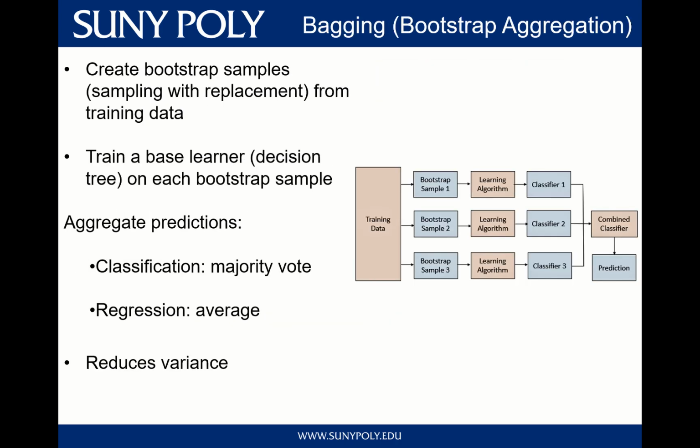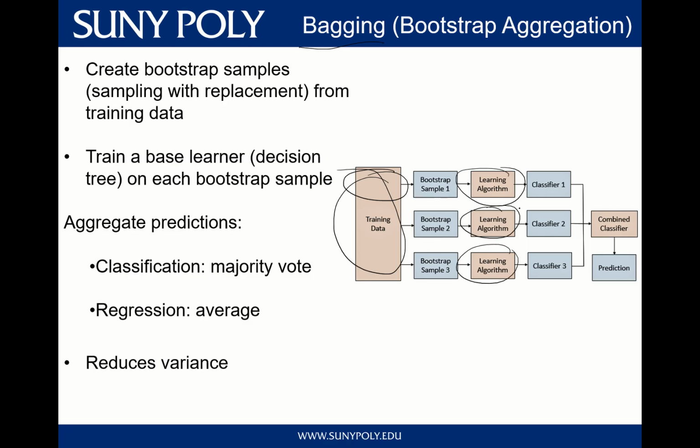Okay, so there are different techniques or ideas. The first one is bagging. So in bagging, the key concept is, we take our training data, and we bootstrap samples from the training data. That means that we sample with replacement. So we start sampling and we start getting different learners or different models, right?